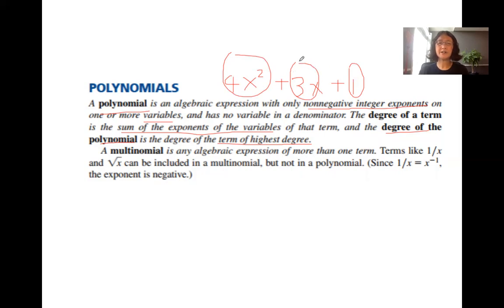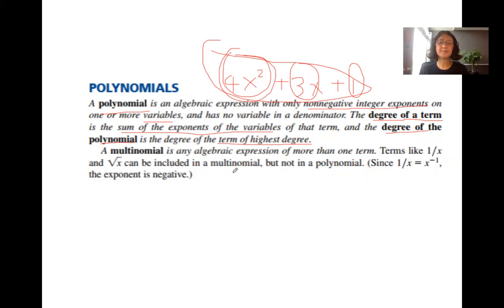The degree of the second term is 1. The degree of the third term is 0. So this is the degree of a term. So what is the degree of the polynomial? Of all the degrees of the terms, the highest is this one. So the degree of this polynomial is 2.